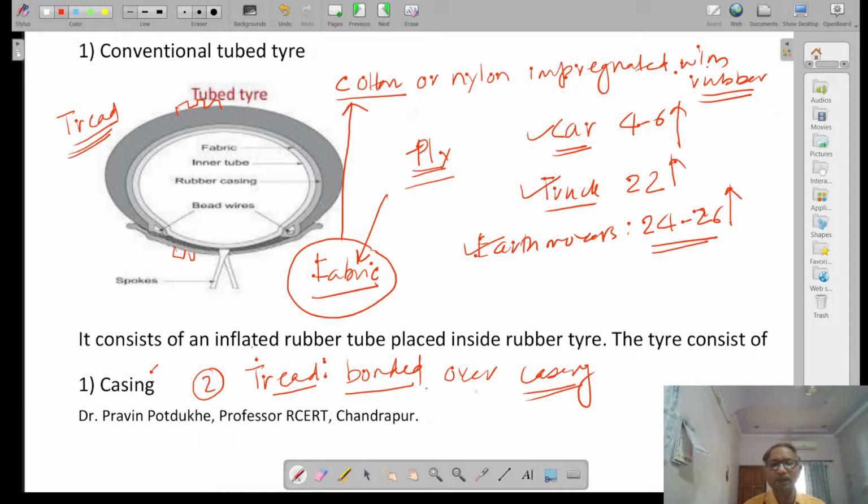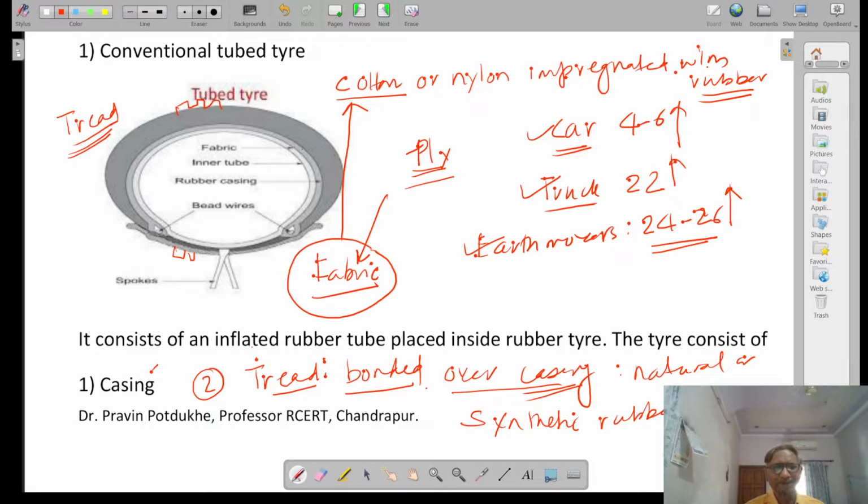Just understand, the treads are made of either natural rubber or synthetic rubber.